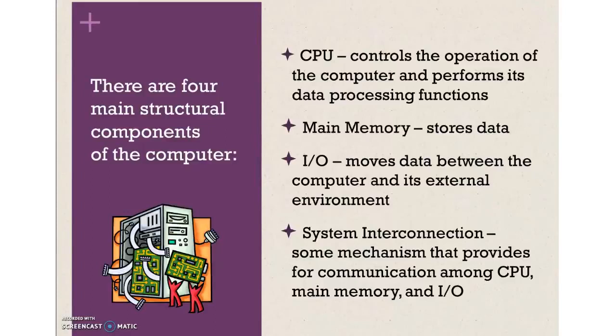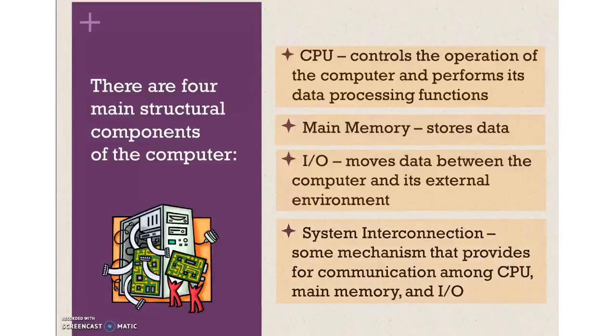There are four main structural components: CPU, main memory, I/O, and finally system interconnection. The CPU controls the operation of the computer and performs its data processing function, often simply referred to as a processor. Main memory stores data. I/O moves data between the computer and the external environment. And finally, system interconnection is some mechanism that provides for communication among CPU, main memory, and I/O.